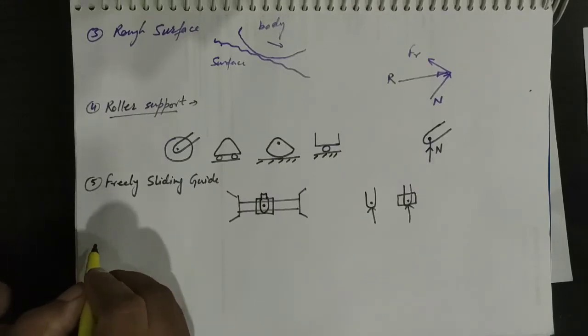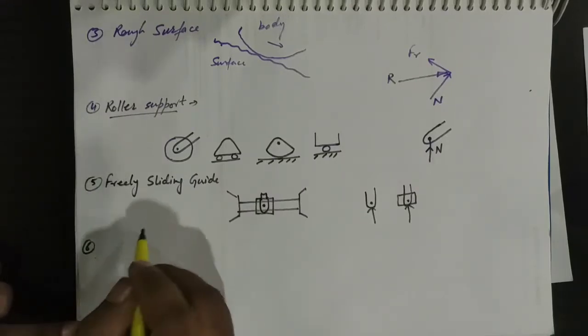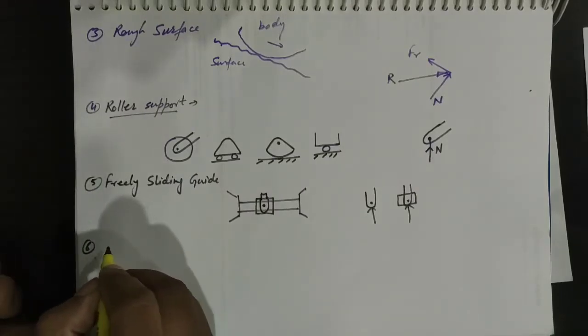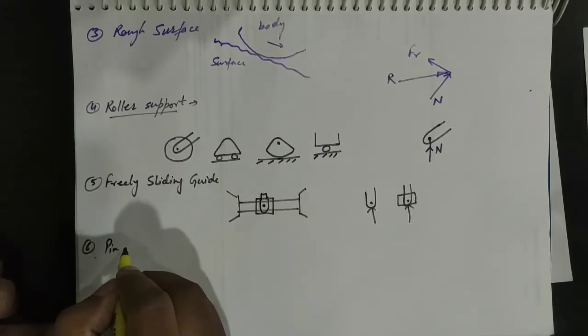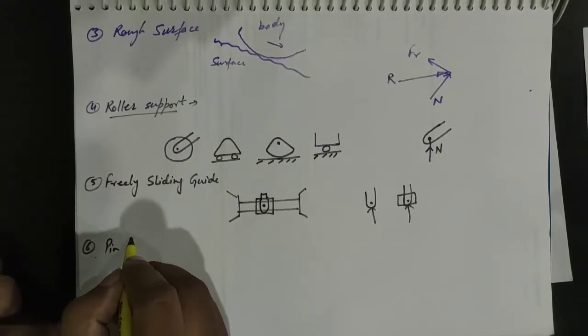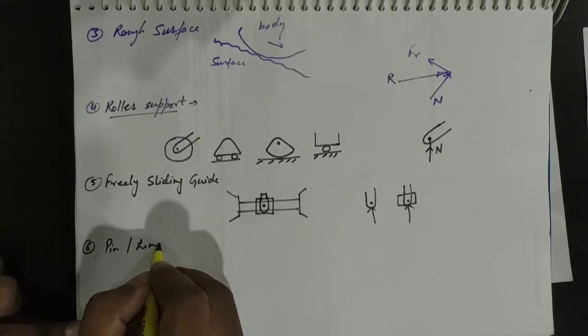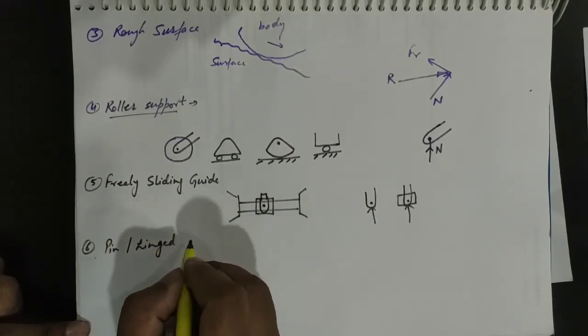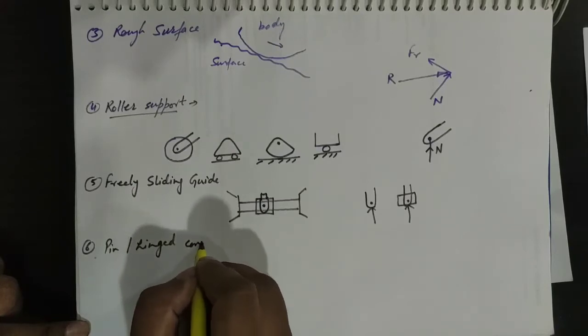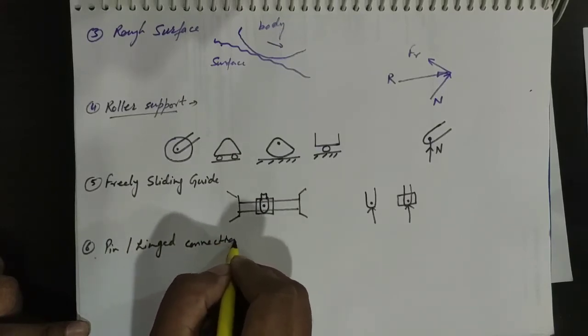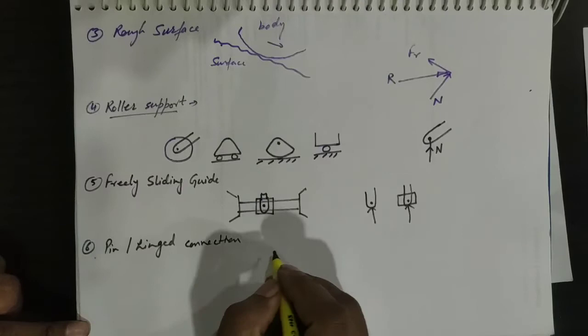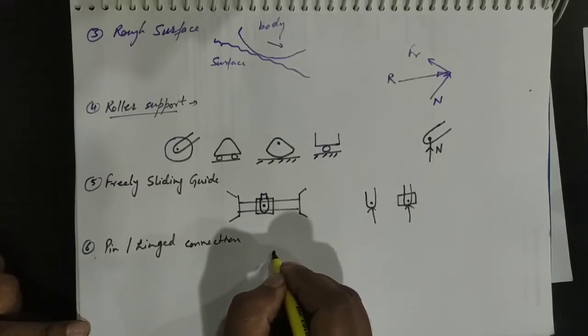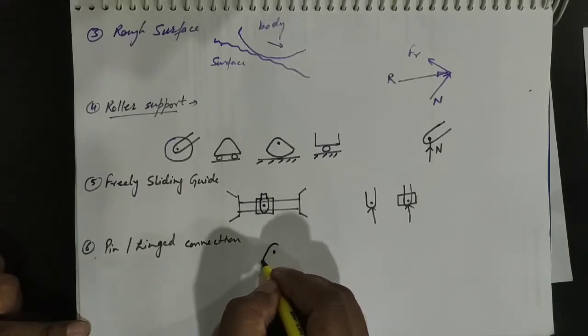If at any place a hinge joint is there, like a pin joint, pin or hinged connection, then a hinge connection means the connection will be like this.